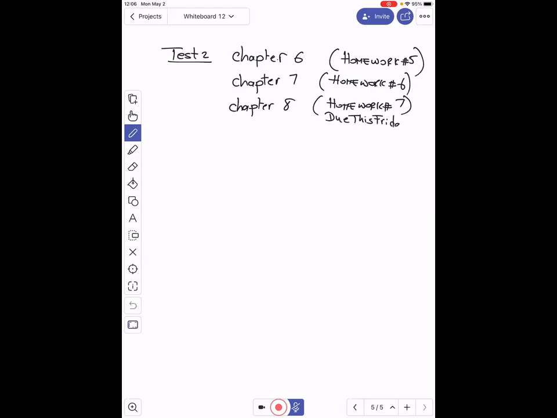All right. And the final, of course, is supposed to cover everything. So the final is gonna cover all the chapters, from chapter 2, 3, 4, 5, 6, 7, and 8, and probably chapter 9.